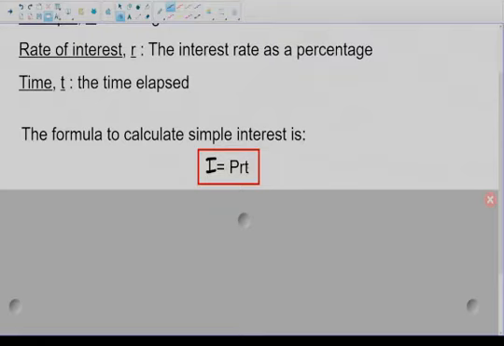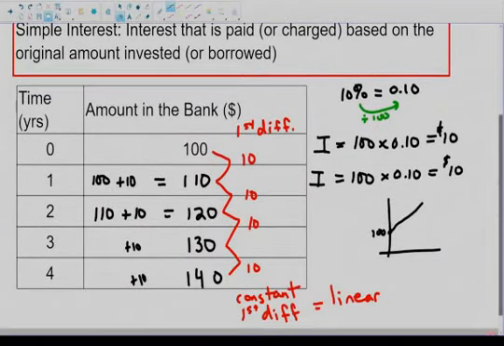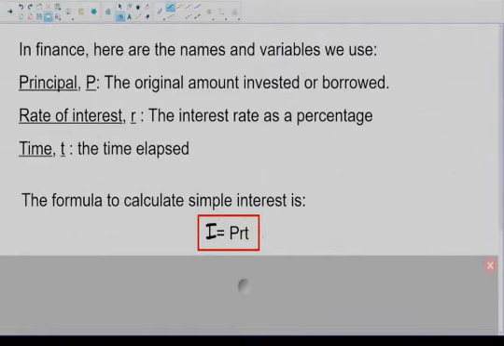This is going to allow us to calculate any one of the rows in the above column. And let's say I wanted to know how much money I'd have after 20 years. Well, if I go back to that table for a second, you'd have to extend this table all the way up to 20. But you don't need to do that if you know the formula. The formula will take care of that for us.